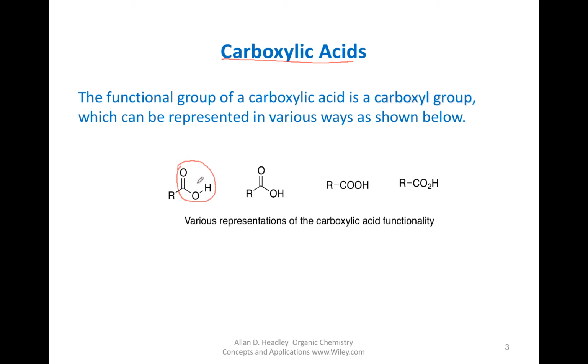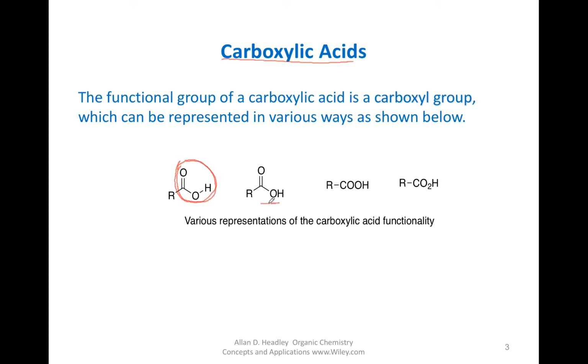So make sure that you look at this in detail. Remember, we defined a functional group as a region of the molecule where there is a specific arrangement of heteroatoms. A specific arrangement. So here's that specific arrangement for carboxylic acids.